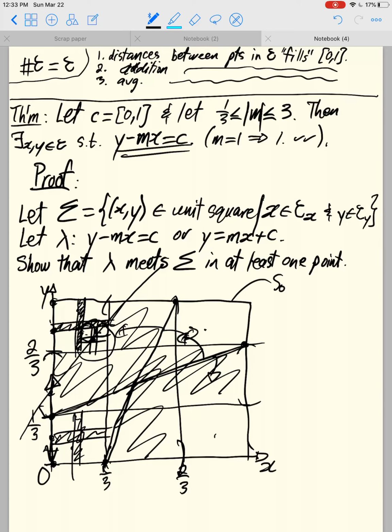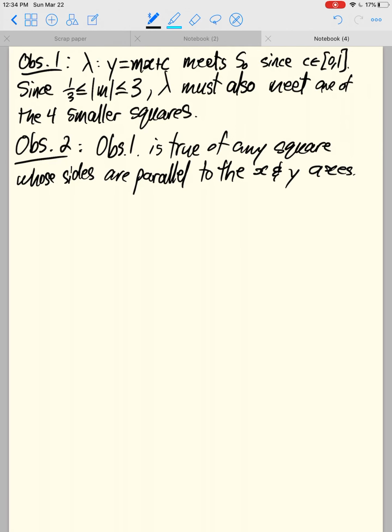So let's call the first smaller square of these outer 4 that gets intersected S1, and then the next one that gets intersected, let's call it S2, and so on.